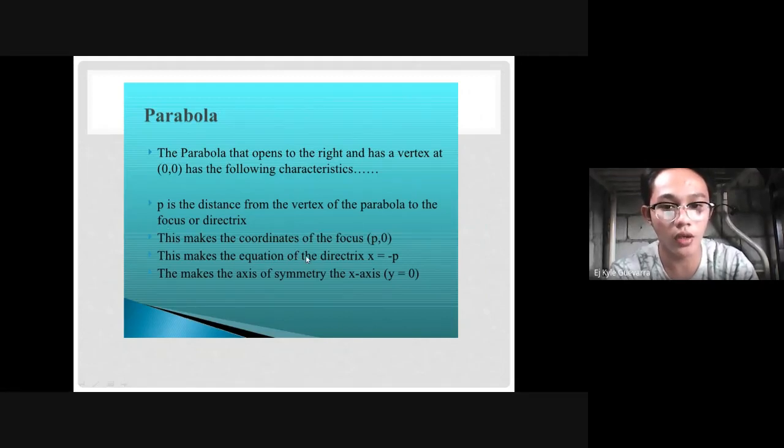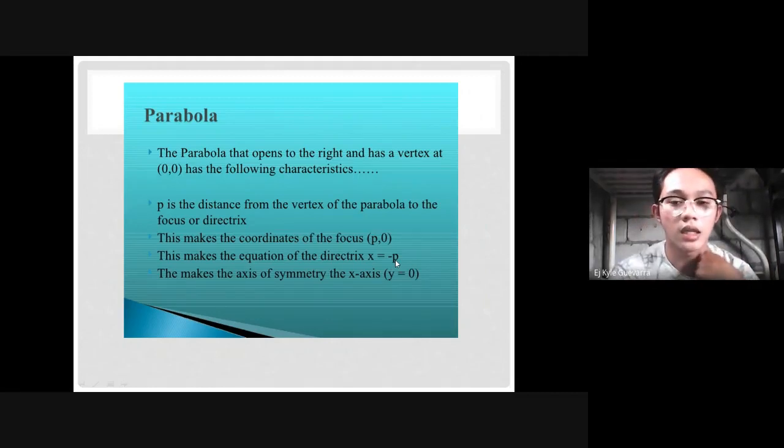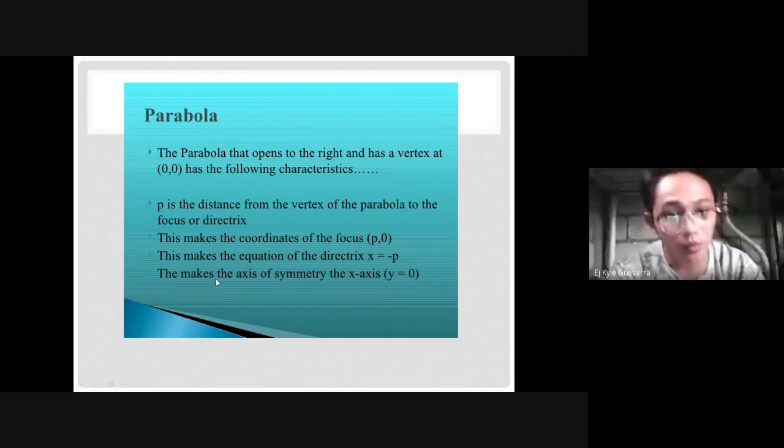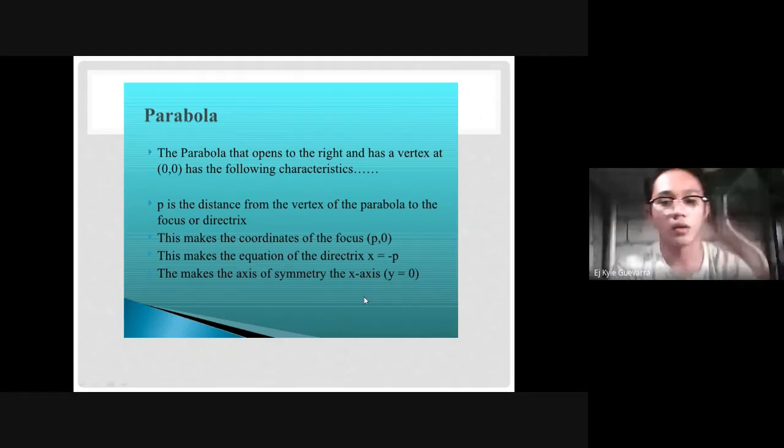This makes the equation of the directrix x equals negative p. And the axis of symmetry, the x-axis, is y equals 0.